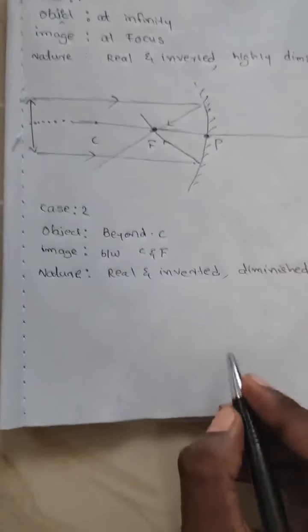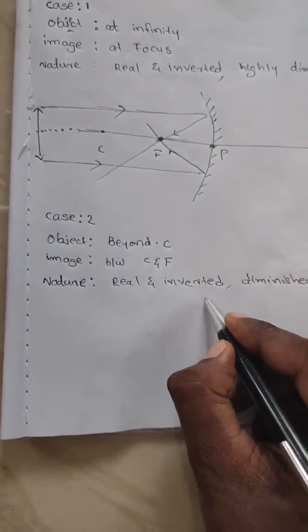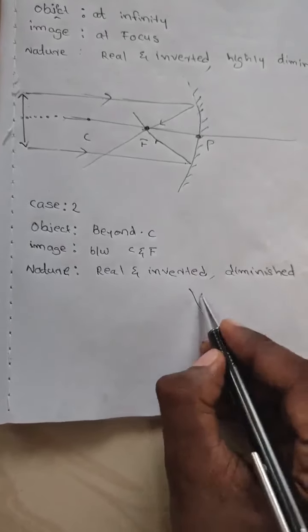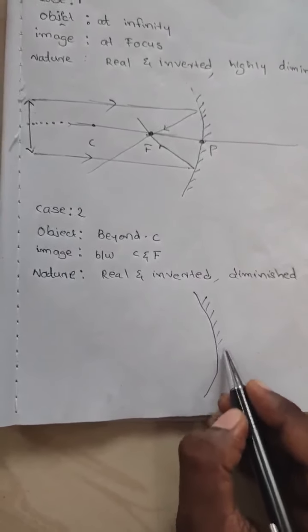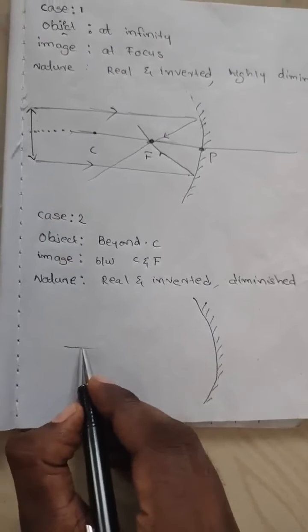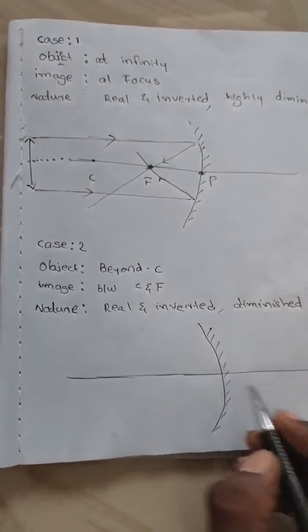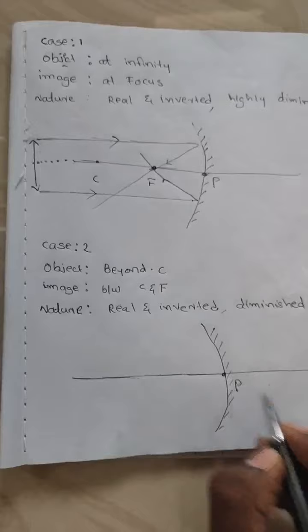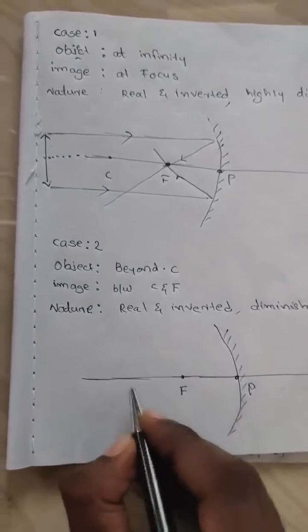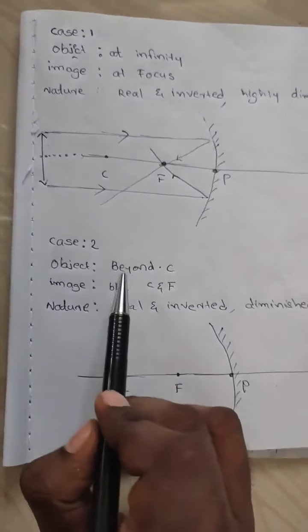Case 2, the ray diagram is as follows. First we are drawing our concave mirror, drawing the principal axis, marking the points P, F and C. Now in this case, where is the position of the object?